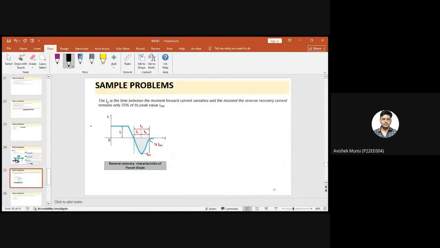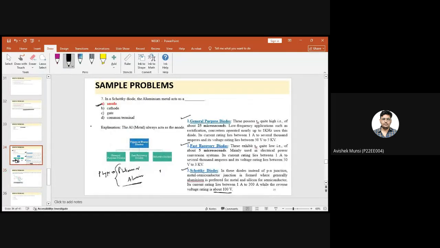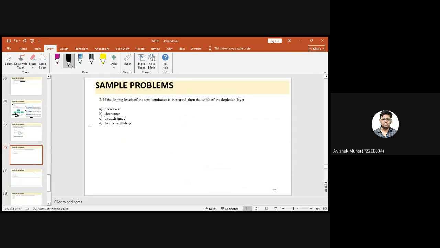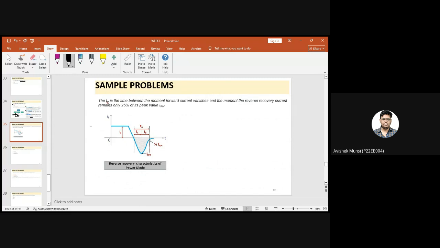See, another thing which you have to know, that is the reverse recovery time. This is the reverse recovery characteristics of a diode.